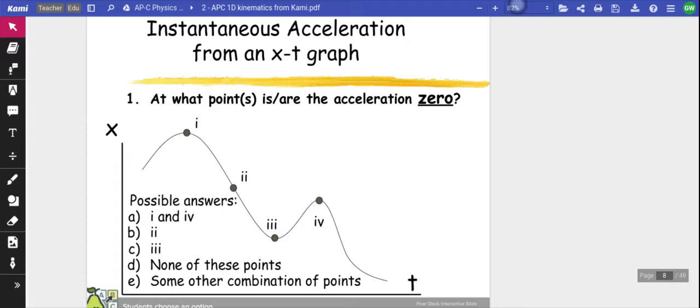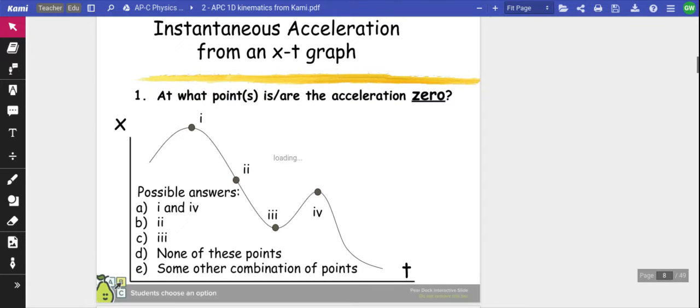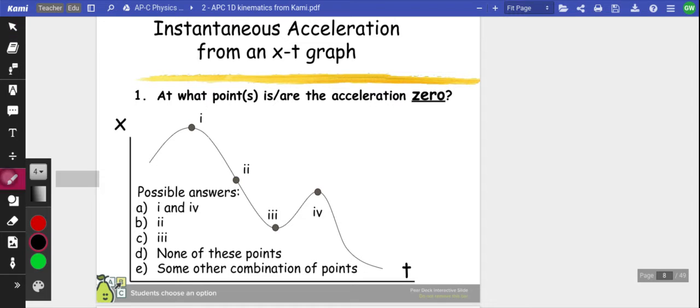So let's have a look at this. We have a displacement time graph, so the slope is going to be velocity, and the change in velocity is acceleration. At what point or points is the acceleration 0? Possible answers are 1 and 4, 2, 3, none of these points, or some other combination.